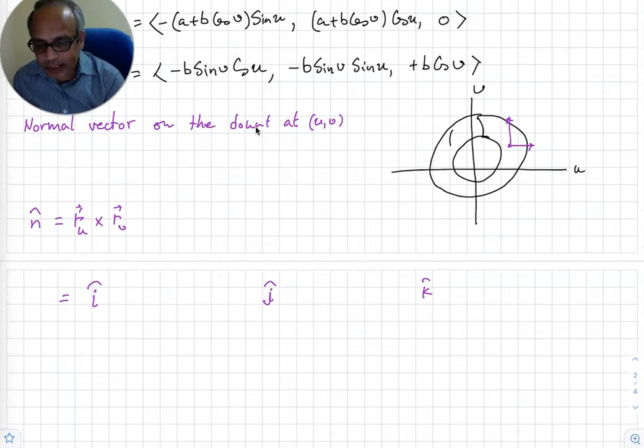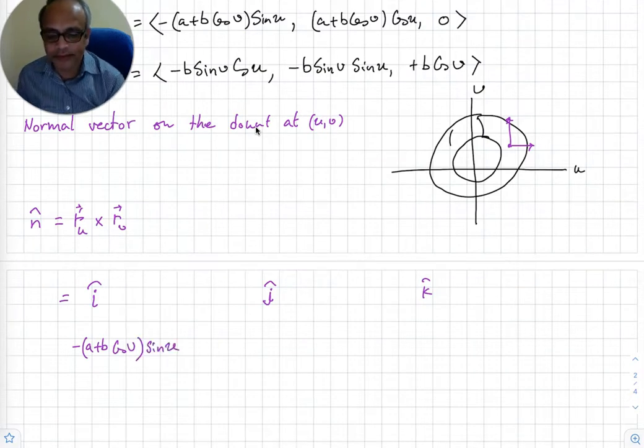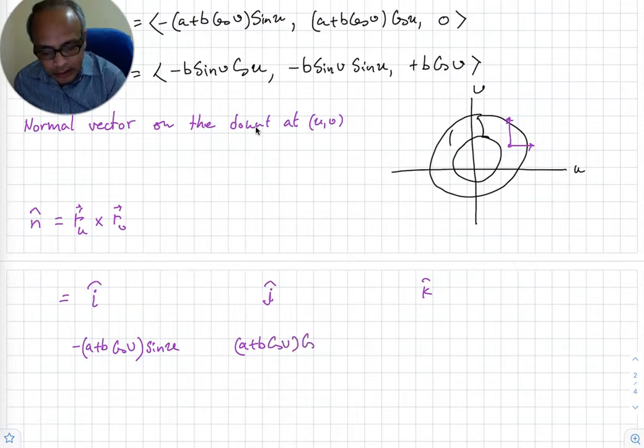So you look at here, R sub u, the first component is negative b sin u. Second component is a plus b cos v cos u and 0.